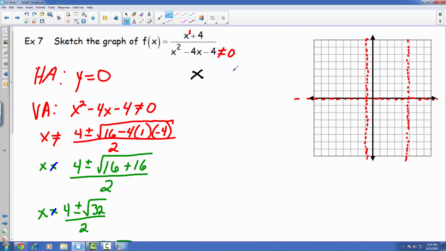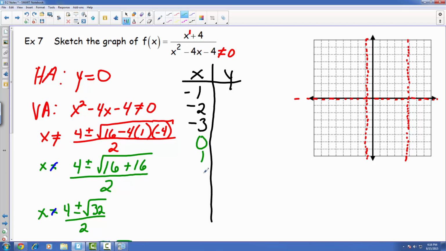Here's my X, Y. So let's choose, for example, negative 1 is acceptable, negative 2, and negative 3. Let's also choose values like 0, 1, and 2. And then finally, some to the right of this VA. So this was 4.8. We'll go with 5, 6, and 7.